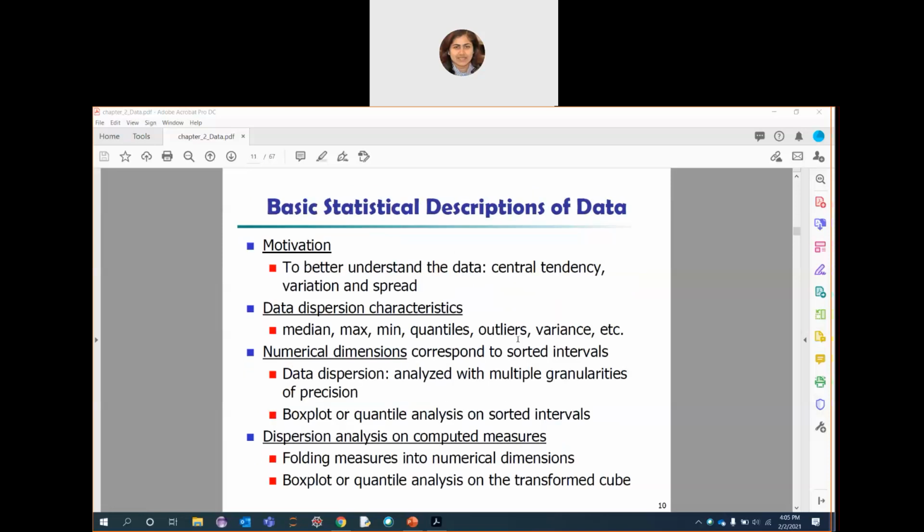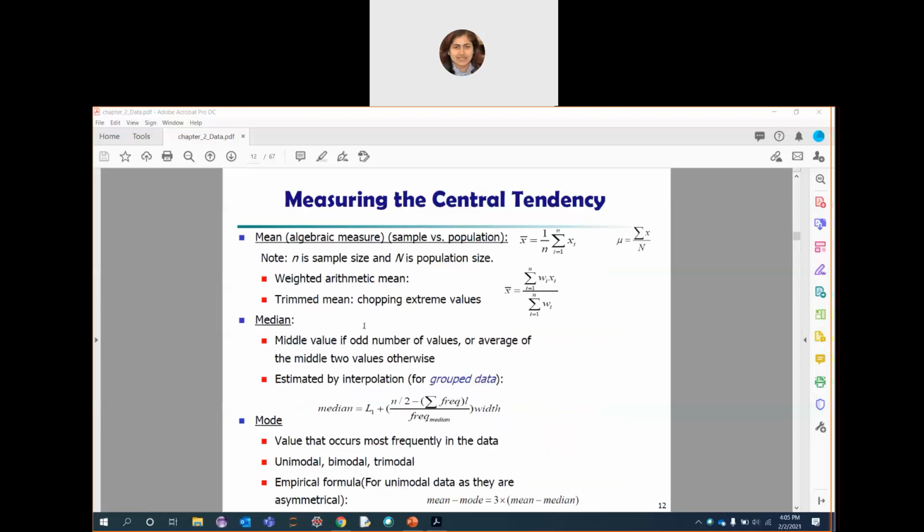Next, moving over to the basic statistical description of data, the next part in this chapter. There are mostly 4 areas to be covered that you see here: motivation, data dispersion, numerical dimension, and dispersion analysis. Data understandability is really essential for statistical description of data. That is why we are going to learn about it.